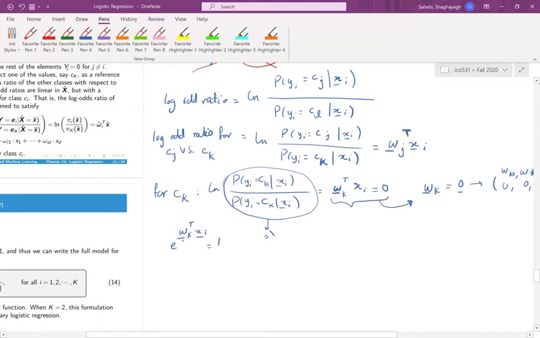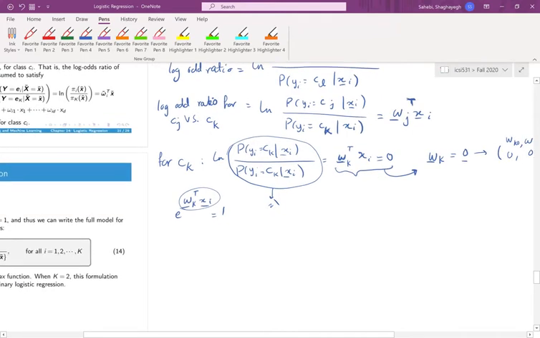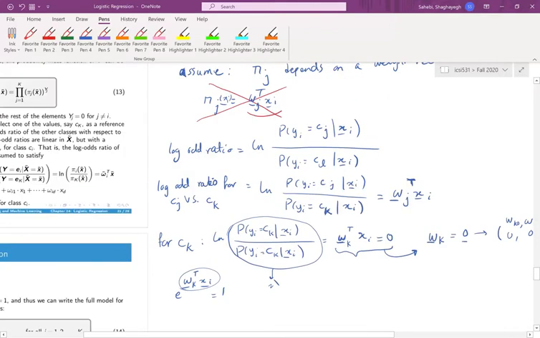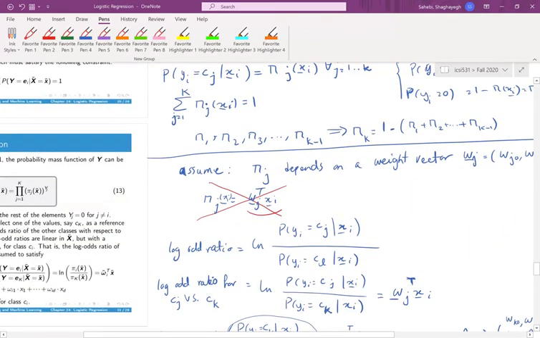Because this guy is 0, so e to the 0 is going to be 1. Now, according to that, and knowing that the summation of all of my pi j xi's should be equal to 1.